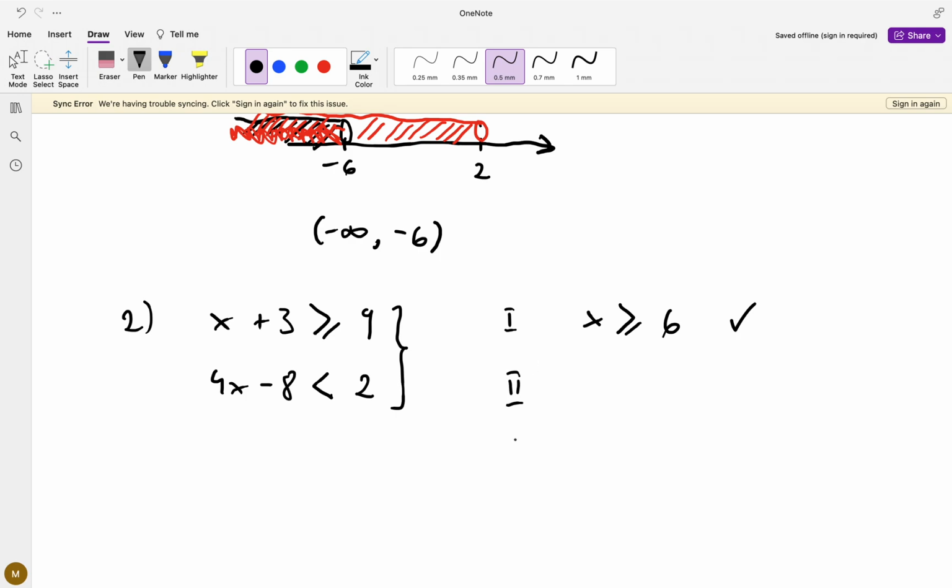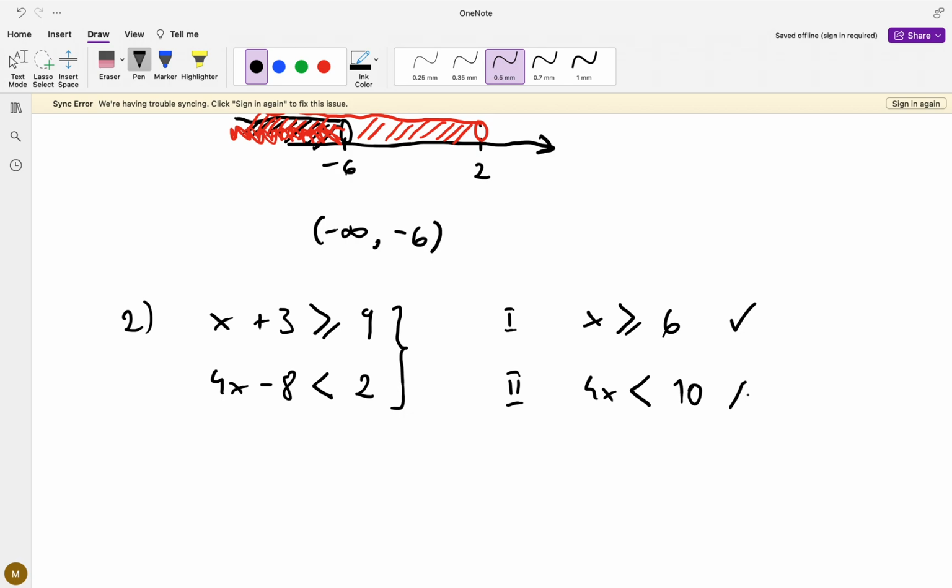Now the second one is a little bit more difficult, but similarly I'm going to skip the first step of adding 8 to both sides. So we have 4x has to be less than 2 plus 8, which is 10.